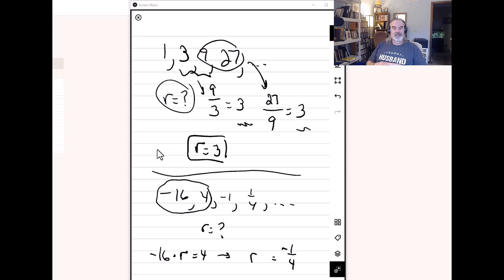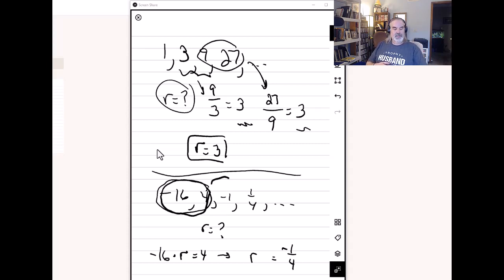So that means that this ratio is probably negative 1/4, because that flips the minus sign on and off as we go down the list, and it also scales each number by 1/4. So the first pair of numbers suggests to me that the ratio from term to term is negative 1/4.